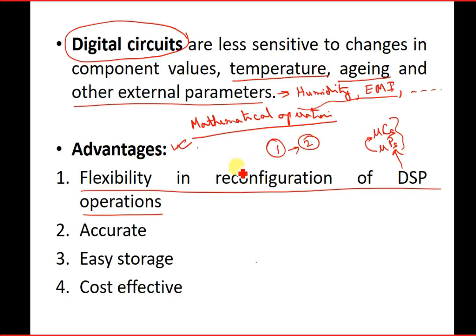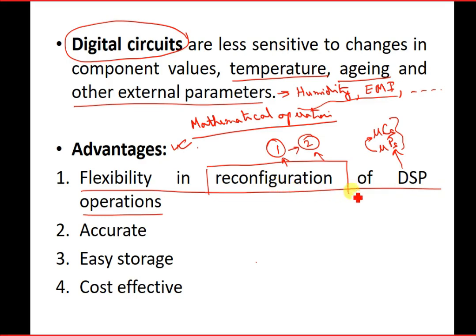Where you initially had one program, and you modify it and make another program, but you run it on the same microprocessor or microcontroller, that is called reconfiguration. Because you are changing the program to have a more advanced or changed output.